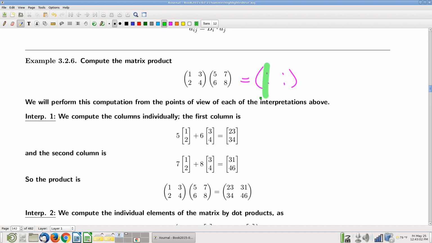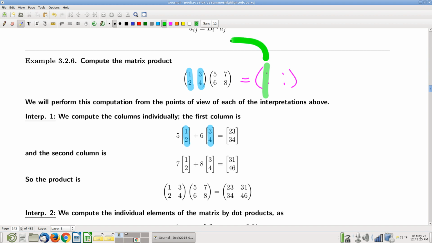Well, we're going to use the formula above, and that first column is a linear combination of the columns of the left matrix. This is always the case. We're always taking a linear combination of the columns of the left matrix. Now, what coefficients are there in that linear combination? I claim that this green is a linear combination of the two blue columns. With what coefficients?